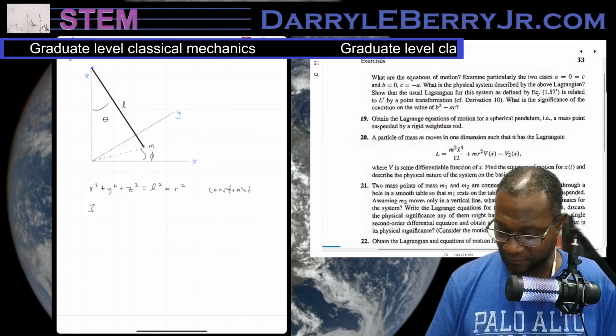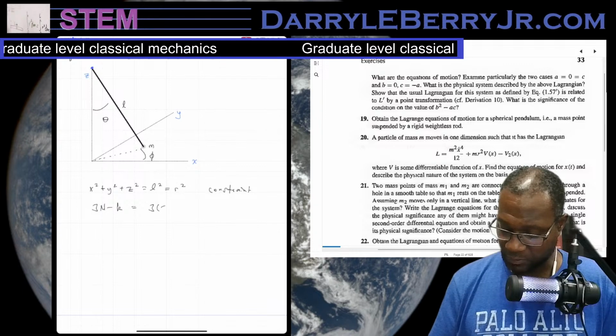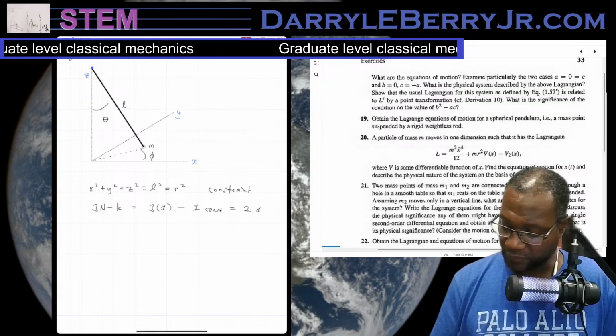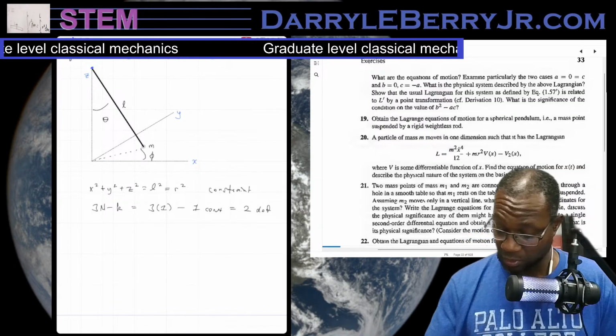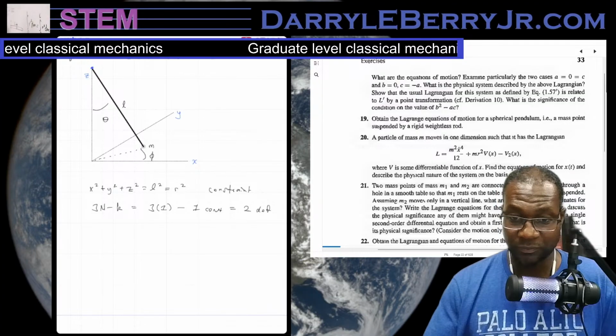So we have 3n minus k degrees of freedom: 3 times one particle minus one constraint, so 2 degrees of freedom for this particle, to move left to right, up and down.